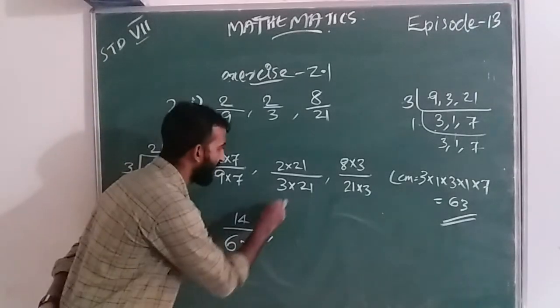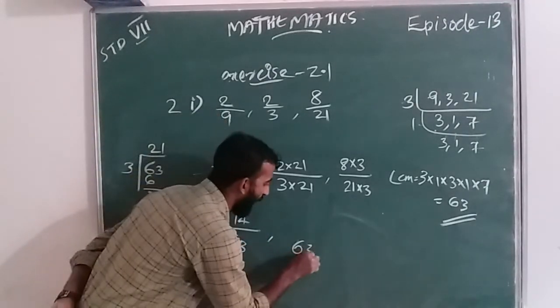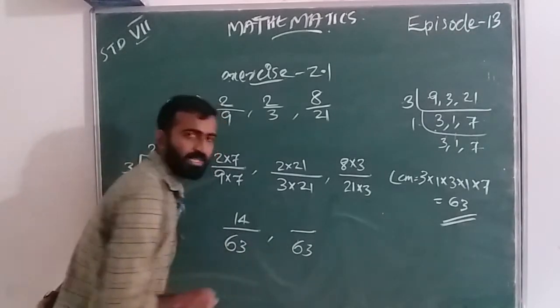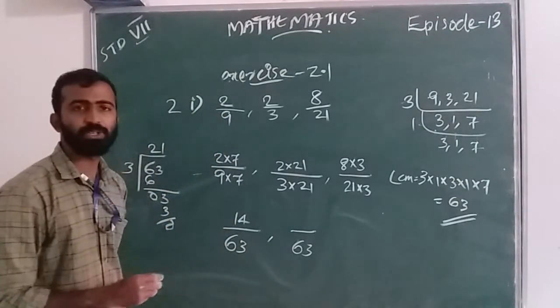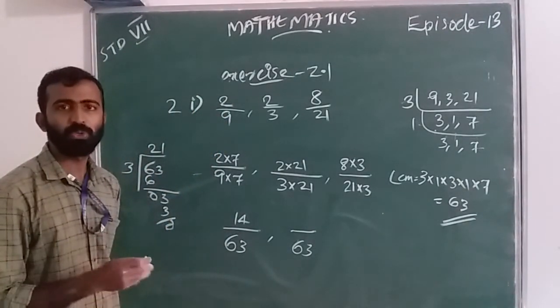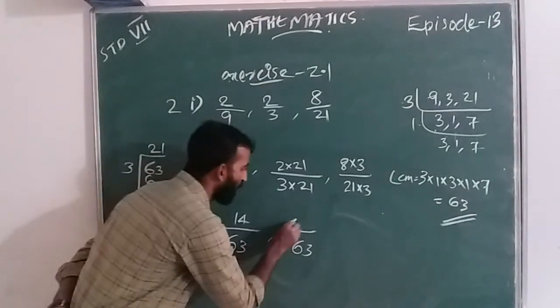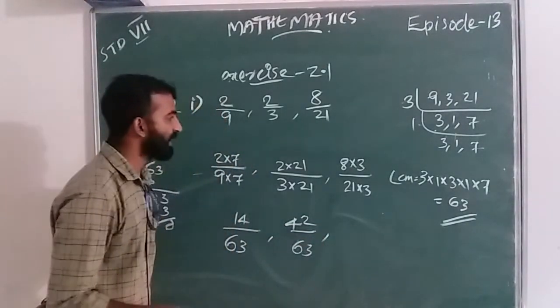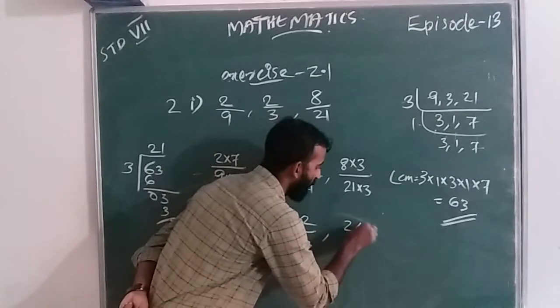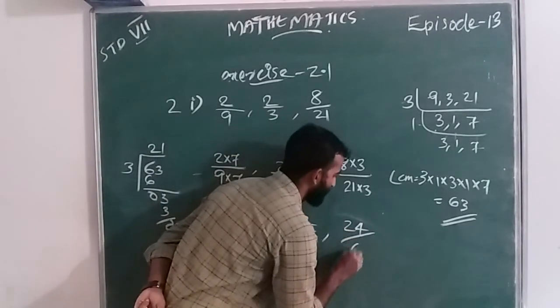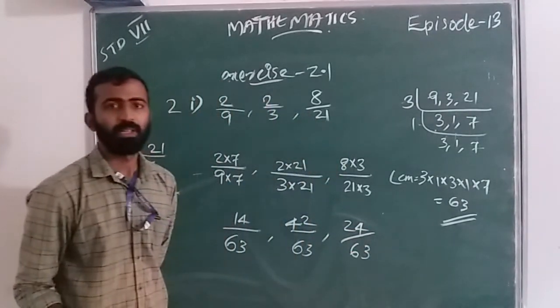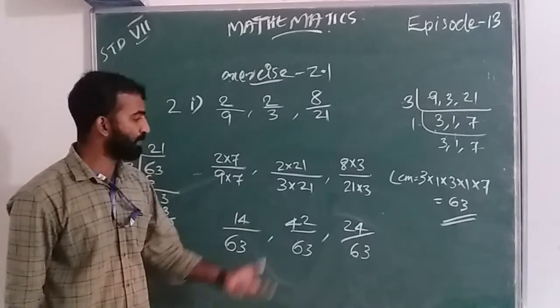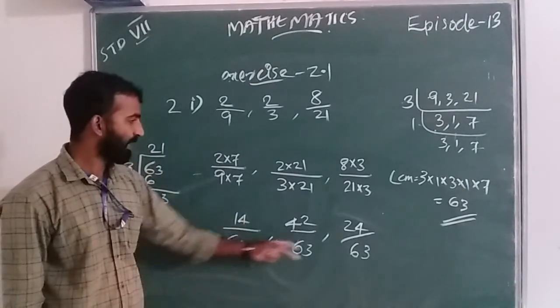And here what do we get? 21 into 2, we get 42, and here 24 upon 63. Which is big?